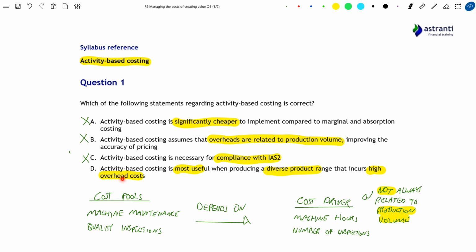After all, it's only worth going into great detail about our overhead costs if we have a lot of them. Different production methods for producing different types of products will involve different activities, and therefore the overhead costs will break down differently. Activity-based costing will help us to keep accurate track of the costs associated with these different products. And therefore option D is our only correct answer.